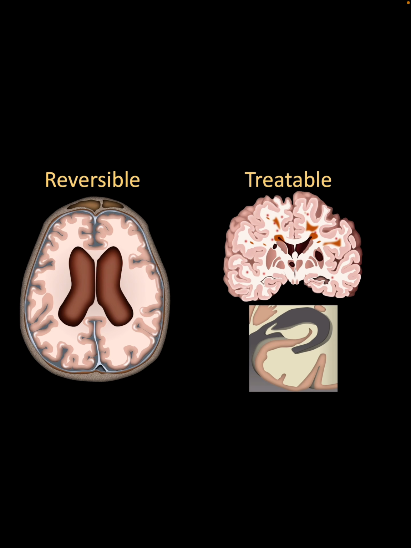So now you know the framework to approach an imaging study for dementia. First, ask yourself, is there a reversible cause, such as mass effect or NPH? And if not, is there evidence of the type of dementia where we can intervene to stop the progression?